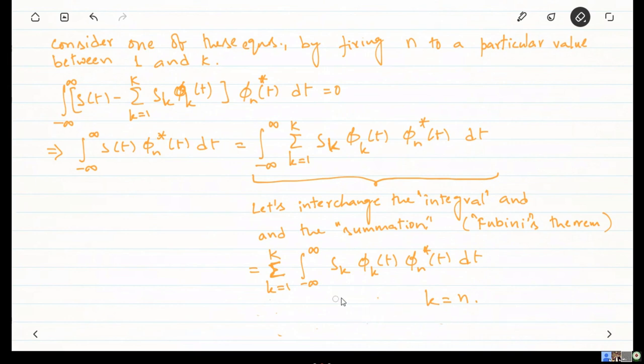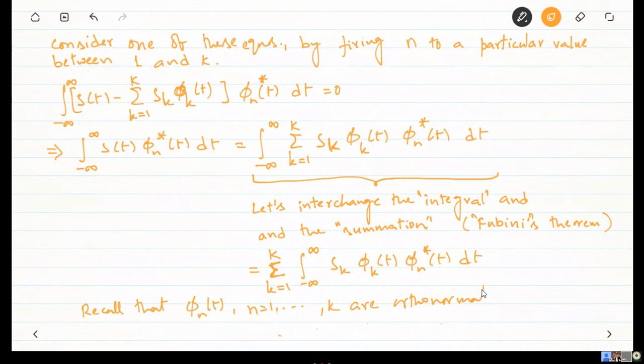Whatever I have written is correct. I'm not erasing it because it is wrong, but I want to add something more here. Recall that phi n of t, n equal to 1 to capital K, are orthonormal signals.